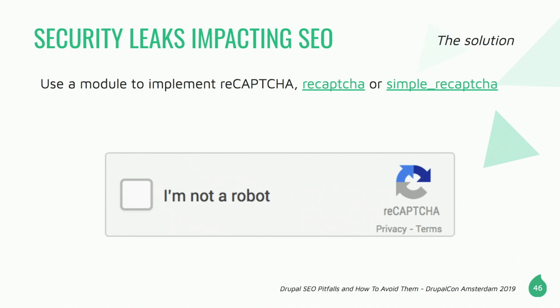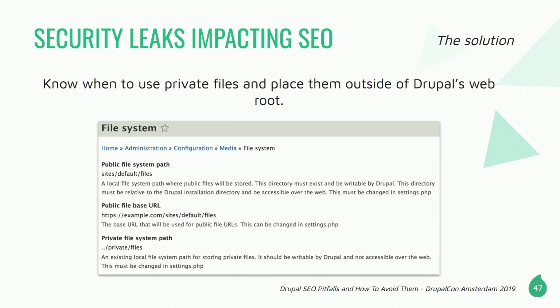So actually in our company we use simple reCAPTCHA. It's less advanced than reCAPTCHA, but enables caching. So that's a big issue, we think, with the reCAPTCHA module. If, for example, you have a newsletter subscription form on the bottom, then no page will be cached, which you don't want, of course.